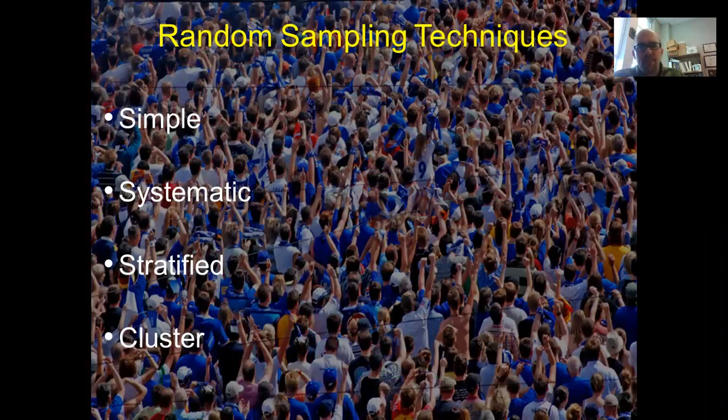Now, there are a number of different ways of doing random sampling. The first one, simple random sampling, is what I just demonstrated, where we're randomly using either the table or the website to generate this information. Another way to sample is systematic random sampling. So let's say you're doing a survey and you want to identify people to participate.